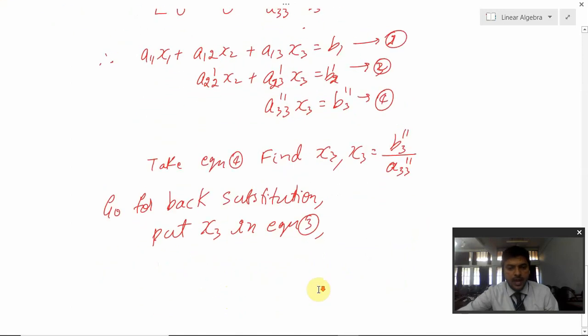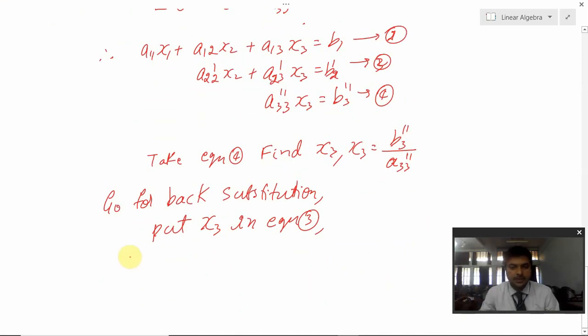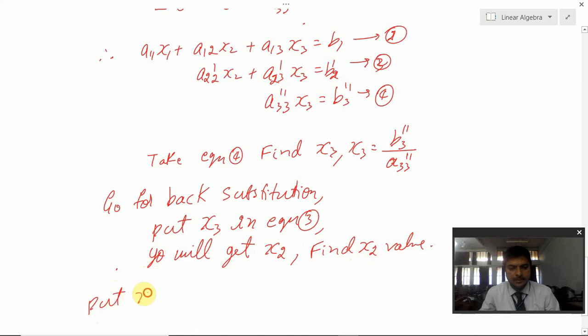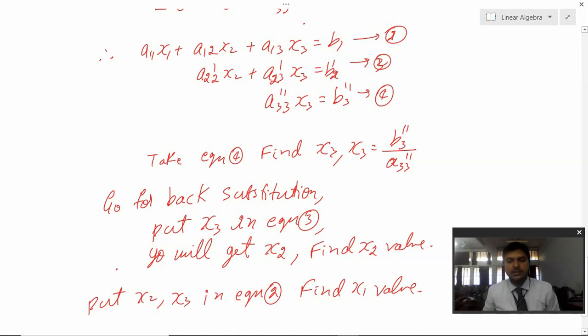So when you put x3 in equation 3, you will get x2. Okay, so next you find the x2 value, then put x2, x3 in equation 2, find the x1 value. It's just numerical, you will understand very easily. You can do this and simplify easily.